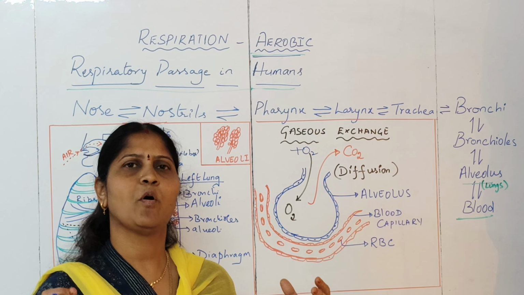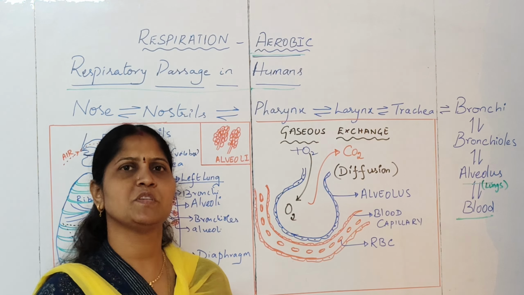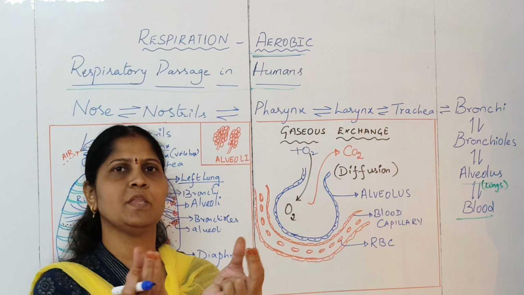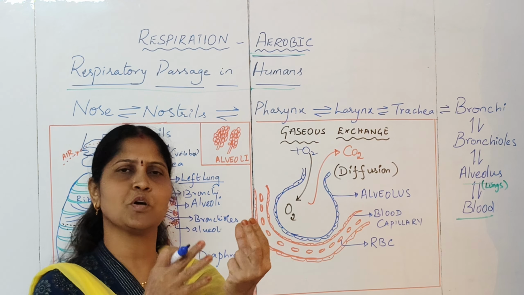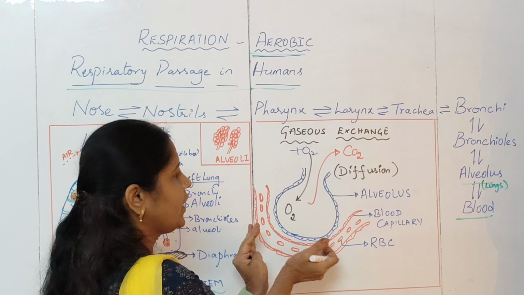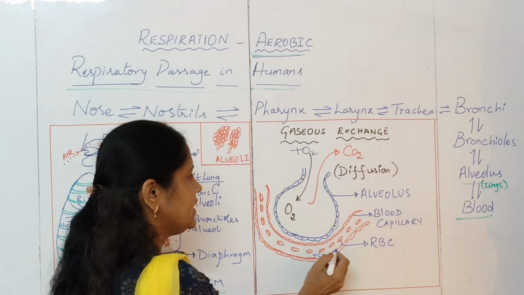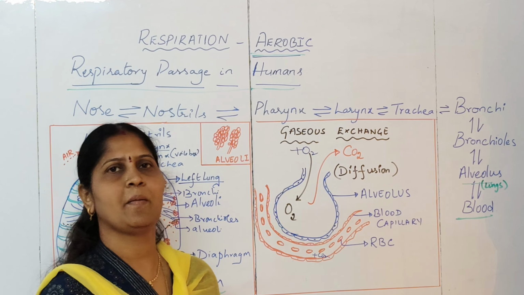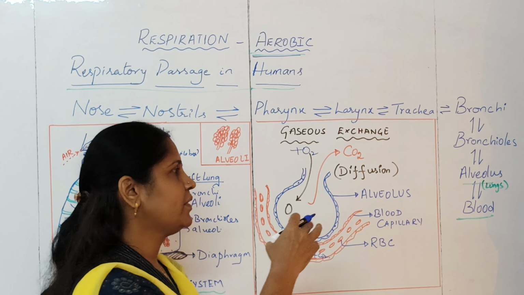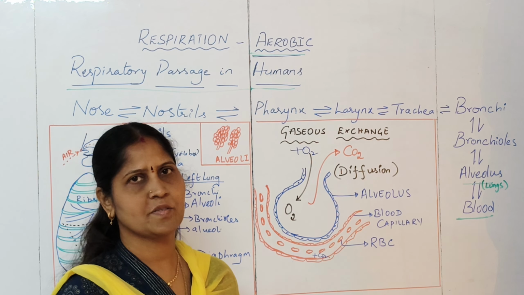That is, whatever carbon dioxide from our body has to be eliminated will come into these blood capillaries around each of the alveolus. So, each alveolus will be surrounded by blood capillaries rich in carbon dioxide, and the air that has come into contact with the alveolus will be rich in oxygen.